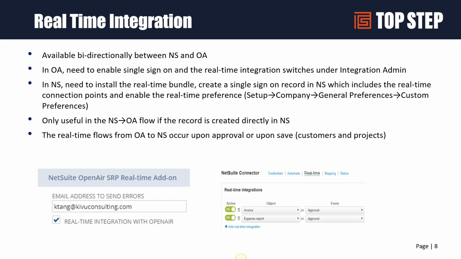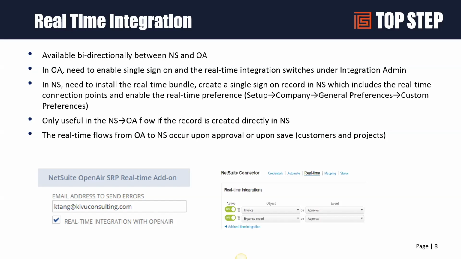So we can have customers or projects originating in NetSuite go directly to OpenAir without needing a full run of the integration, and vice versa. This can be very helpful for folks that are looking for real-time data exchange between their two systems.